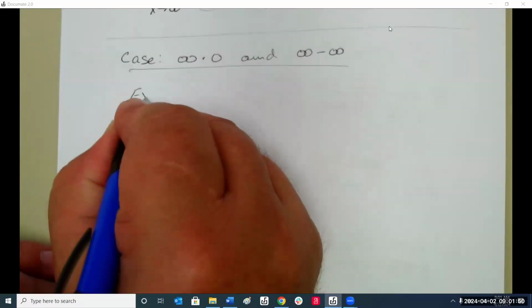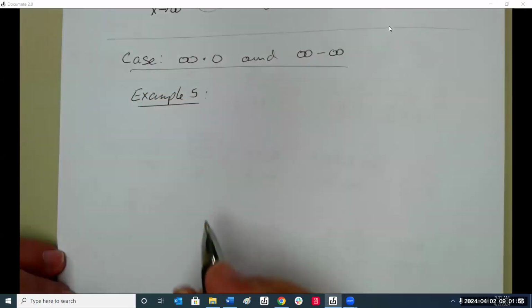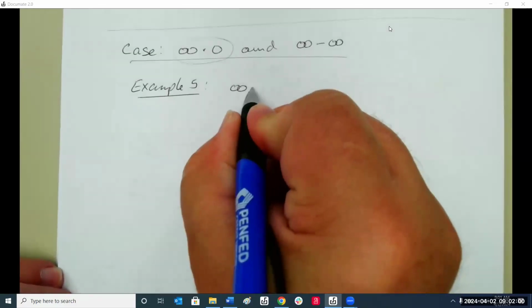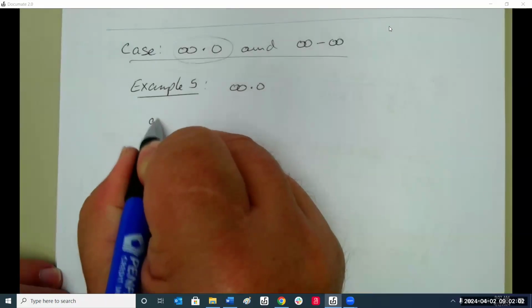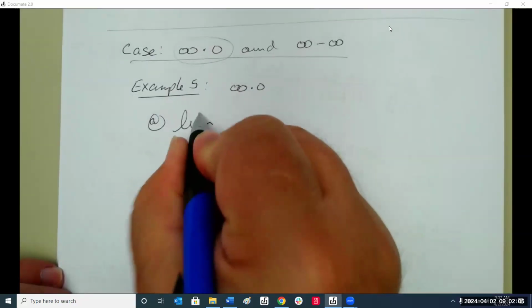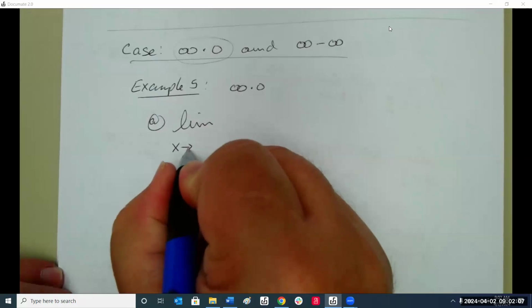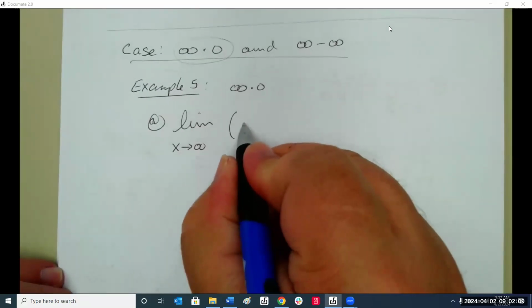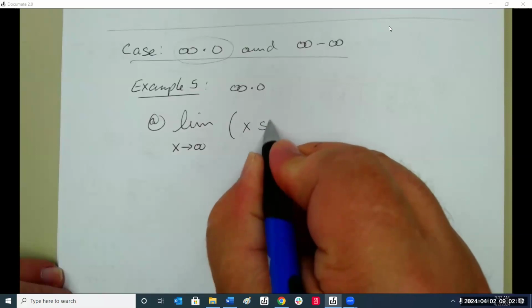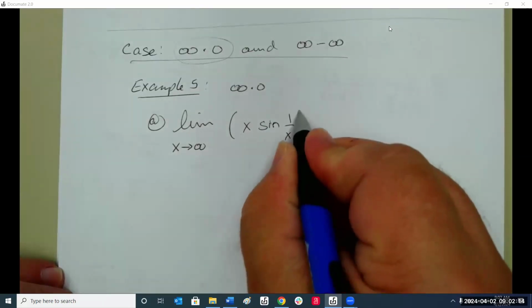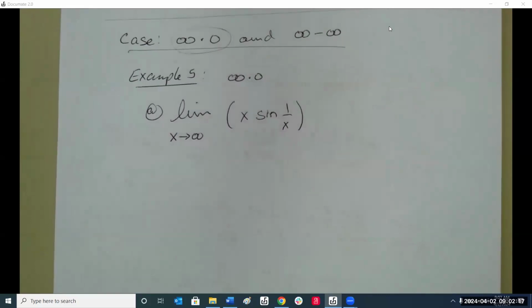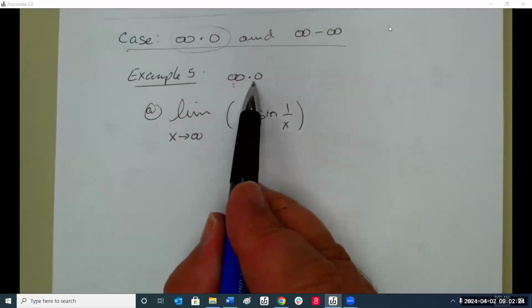Let's look at example 5. We're looking at this form first. Part a: the limit as x approaches infinity of x sine 1 over x. Do you see how it fits this condition?